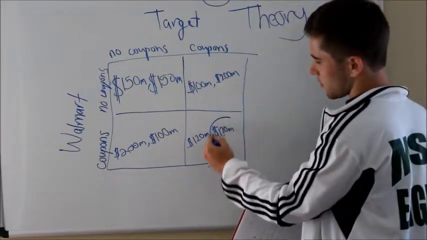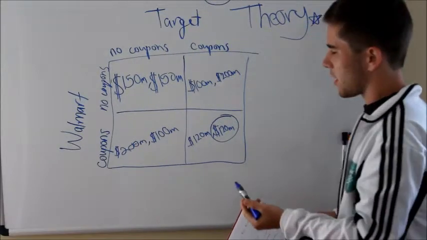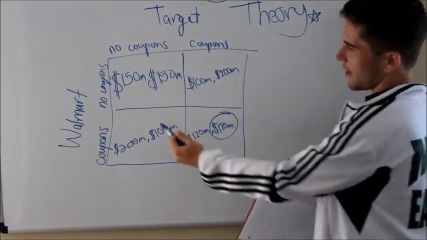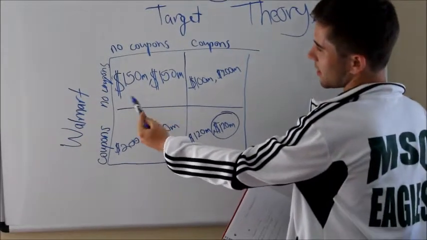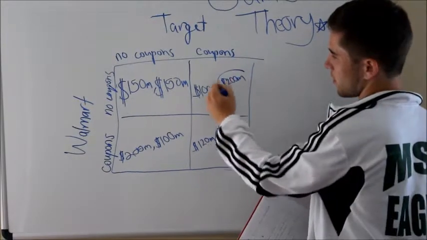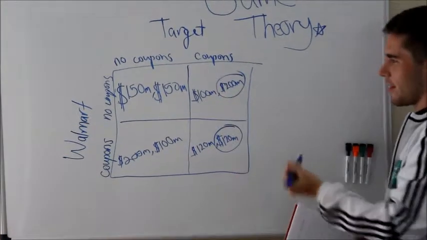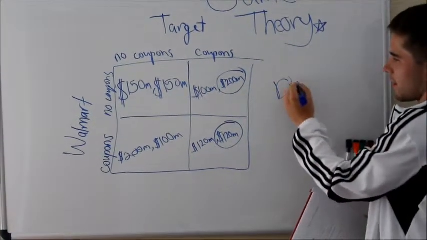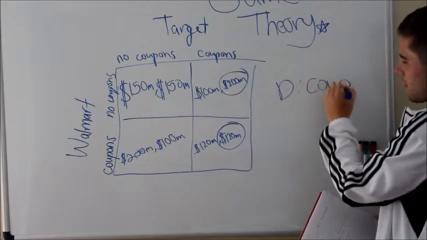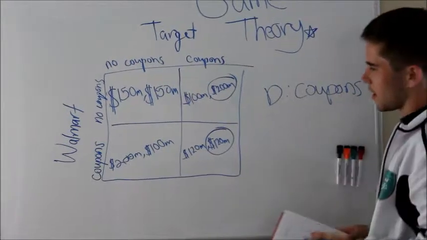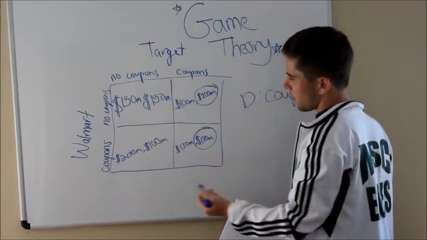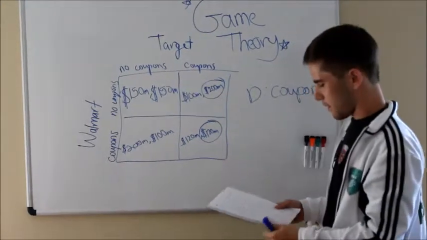Obviously the $120 million is better for them than 100, so they'll also do coupons. And if Walmart chooses not to use coupons, then the best choice for Target is also to do coupons. So the dominant strategy for Target is to use coupons. And then vice versa, for whatever Target chooses, Walmart will also do coupons.